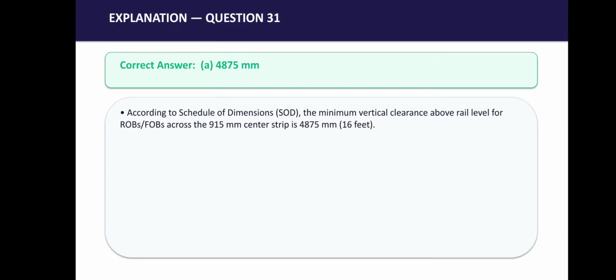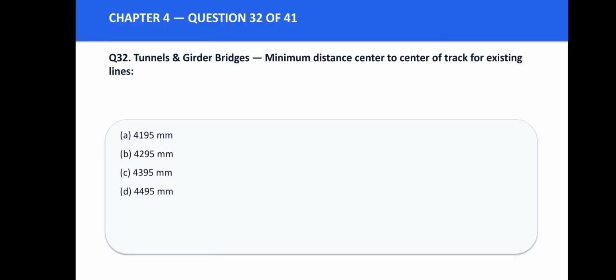4875 mm. Question 32. In tunnels and girder bridges, minimum distance center to center of track for existing lines is what? Option A, 4195 mm. Option B, 4295 mm. Option C, 4395 mm.